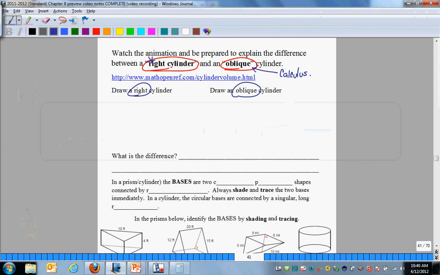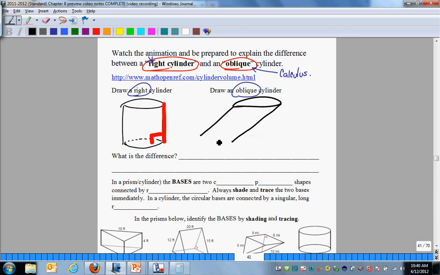Okay, so in a right cylinder, the height is at a right angle to the base. The height is at a right angle to the base. That's why it's called a right cylinder. In an oblique setting, you're going to be sideways at an angle.